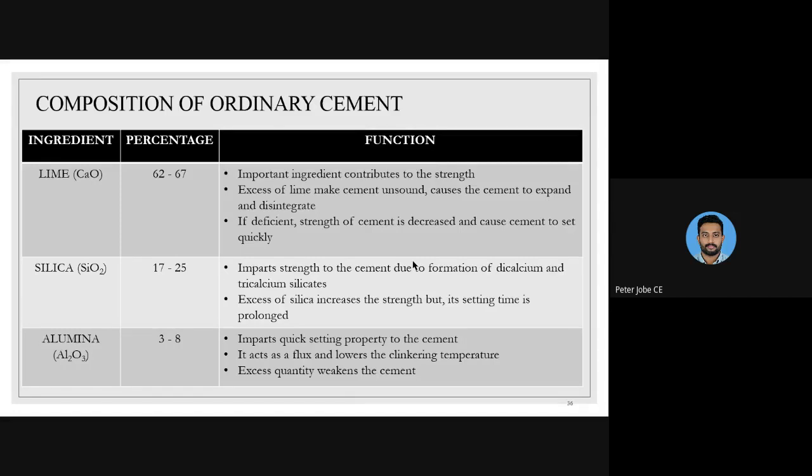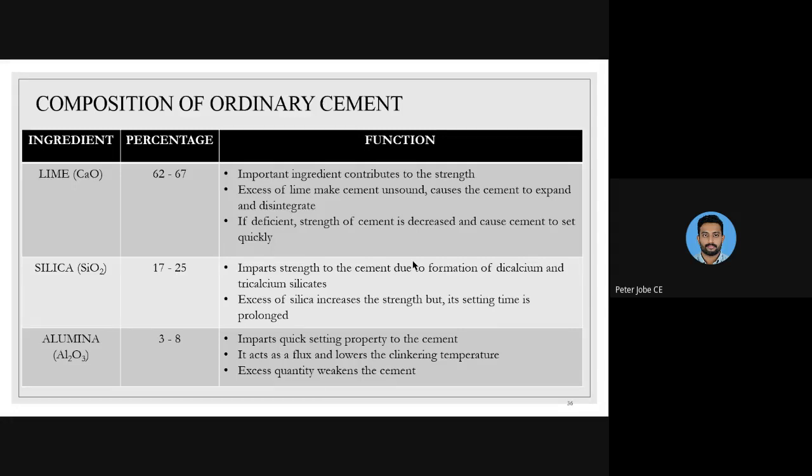If someone comes to you and just asks for your engineering expertise regarding the same, you can tell them that if 0.5 is the water cement ratio, that means if we are taking 1 kilogram of cement, just add 500 milliliters, or 0.5 liters, of water to that. So 0.5 liters is actually 0.5 kilogram of water.